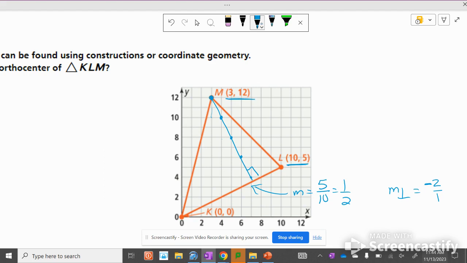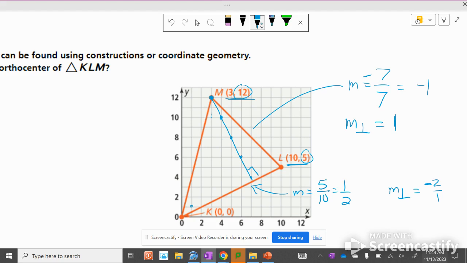What's my rise from 5 to 12? What's my run from 3 to 10? 7, right? But since I'm going down, my slope is negative, so my slope is -1. If I want to go perpendicular to that, what's the reciprocal of 1? 1. And what's the opposite sign? +1.